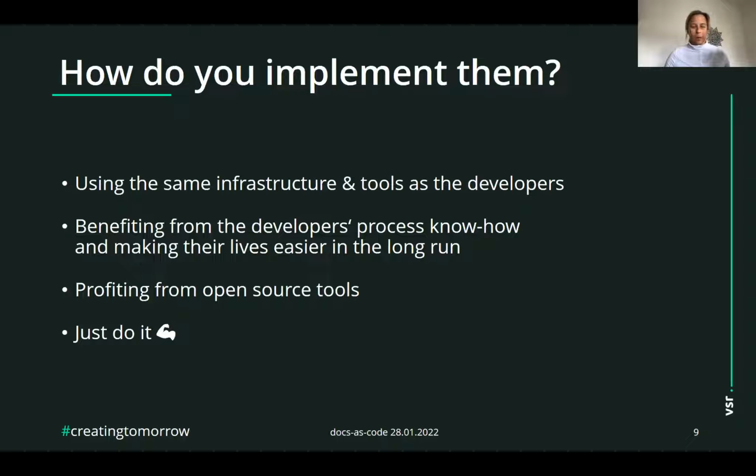When you explain to them that you will make their lives easier in the long run, that you will take away work from them, and that they don't have to leave their IDE, where they program, then they are usually very willing to pass on the knowledge and to help with implementing automation.